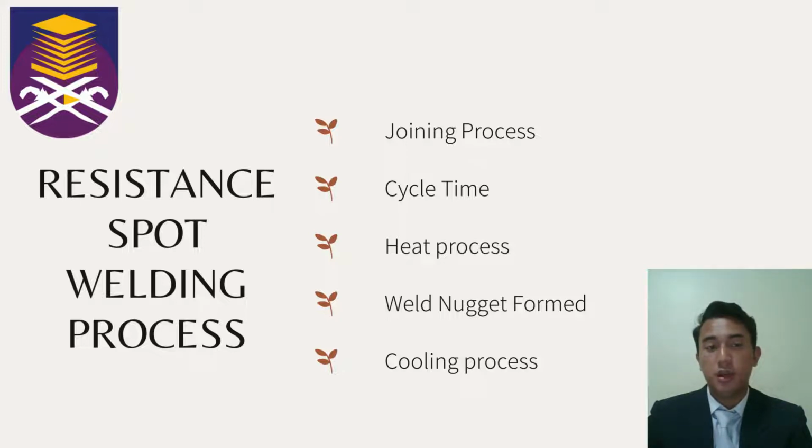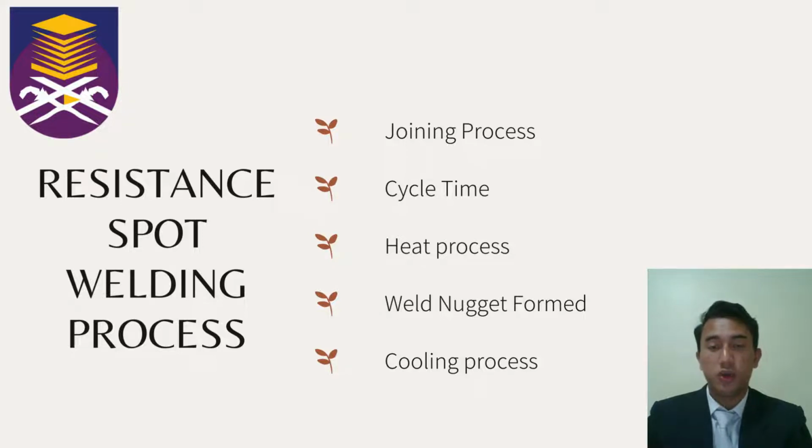The weld time is the interval of welding current flowing to the circuit, which requires 60 cycles. The holding time is the time that the welding current is stopped and the electrode force is applied. And the off time is the time between the end of the process and the squeeze time for the next cycle.